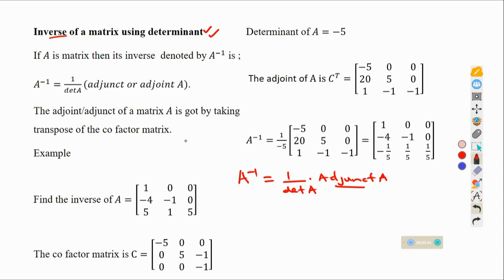last time we looked at how best we can get the cofactor matrix, and we said that the adjunct of any given matrix is same as taking the transpose of the cofactor matrix. And we as well looked at how best we can obtain the determinant of a given matrix.